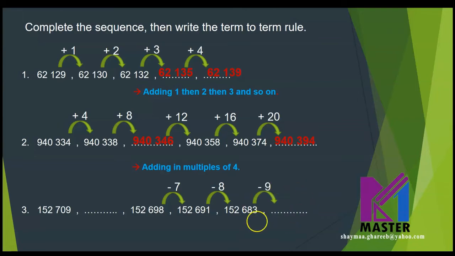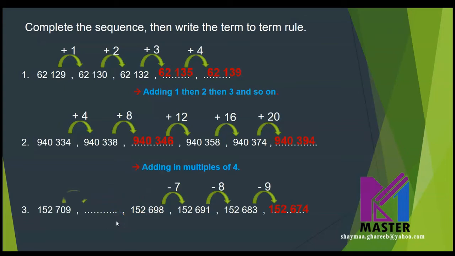So when I subtract a 9 from this number, it will be 152,674. Now, if I want to get the missing number here, we know that this is minus 7, minus 8, minus 9. So how to get this number here?